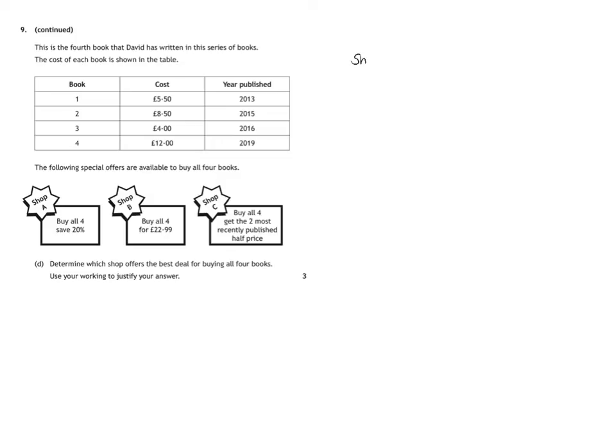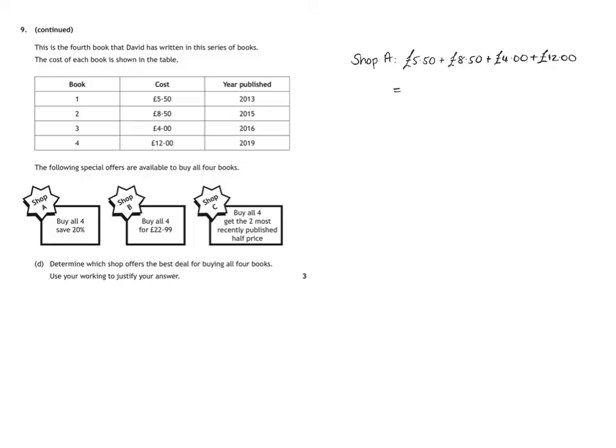So shop A tells us that if we buy all 4, we can save 20%. So if we buy all 4, then we have our £5.50 plus our £8.50 plus £4 plus £12.